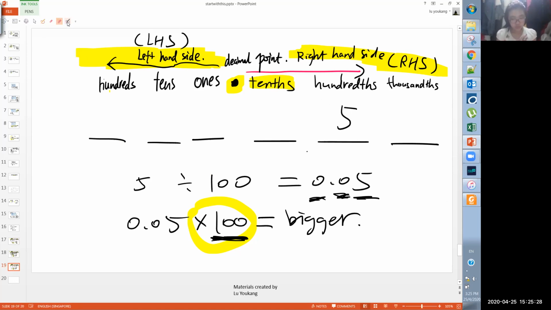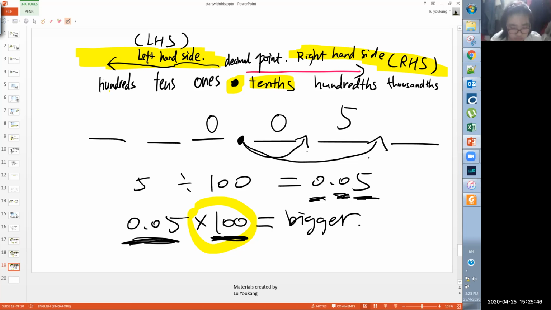So if you start with 0.05, which is here, you times 100, you are supposed to move your decimal point to the right by 2. So you move 1, move 2, so your decimal point is no longer here, it should be here.